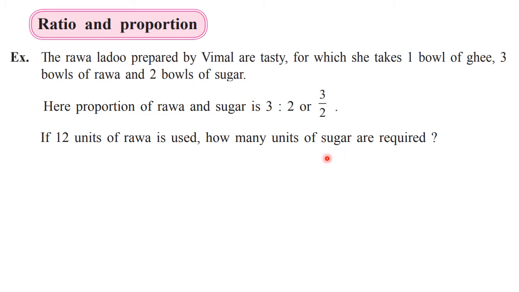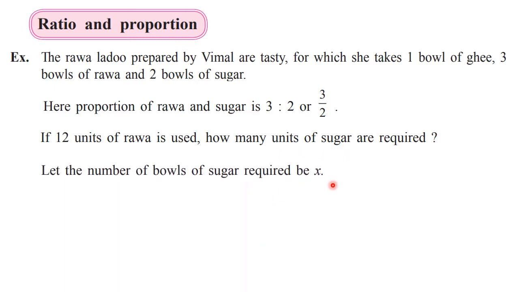For this we will assume that the units of sugar required be x. Now from this ratio we can represent this information like this. See the ratio, that is 3 upon 2, that means rava and sugar.